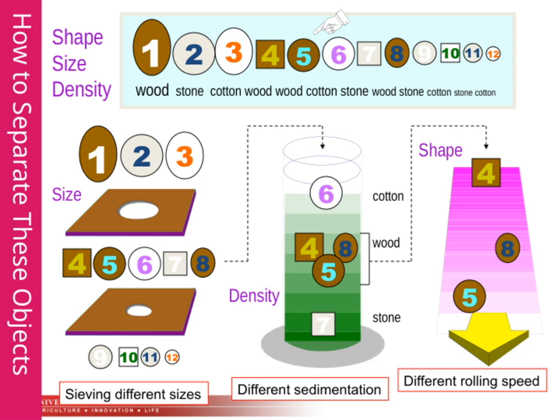For instance, stones, wood, and cotton differ in all these aspects: size, density, and shape. By understanding these differences, we can select the most effective method to sort or separate these objects. Whether it's by exploiting their shape, size, or how they behave physically, these principles are fundamental to effective separation in many scientific and industrial processes.